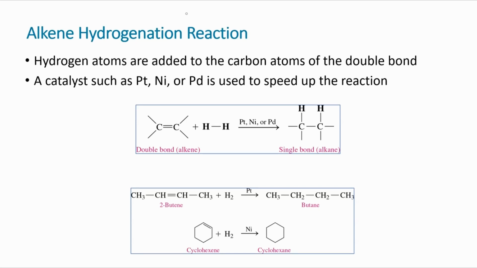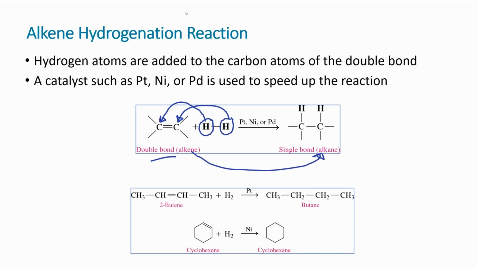As you see in this figure, the two hydrogen atoms in the H2 molecule can go and attach to the two carbon atoms of the carbon-carbon double bond. As a result, this alkene will convert into an alkane containing a carbon-carbon single bond.